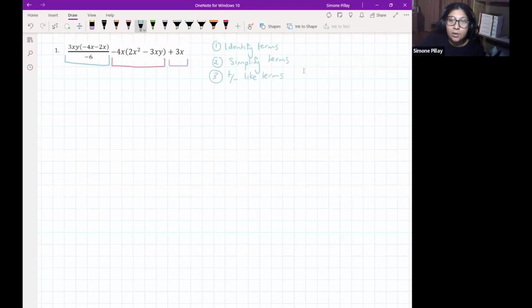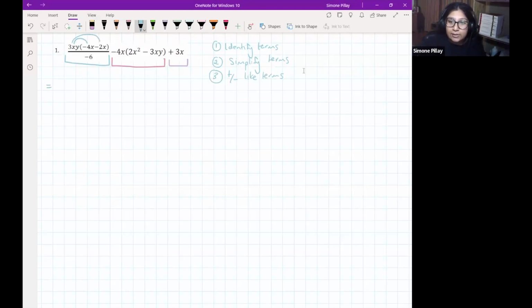So if I go ahead and I start to simplify my first term, 100%, I can't split it. I can't split this fraction, and I've already showed you guys why I can't split it. So what I'm going to do is my distribution of my number outside the brackets into the brackets, which means this is going to get multiplied and this is going to get multiplied.